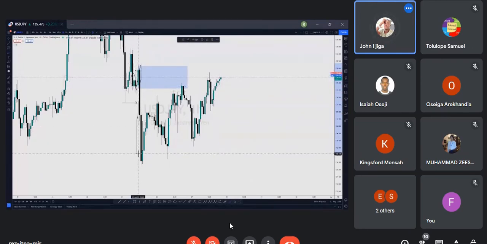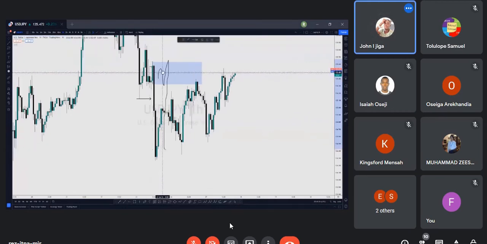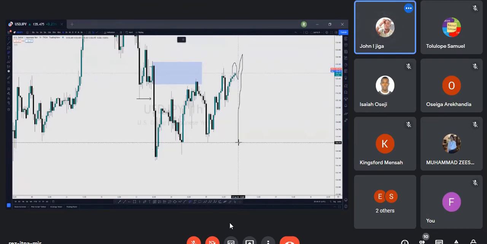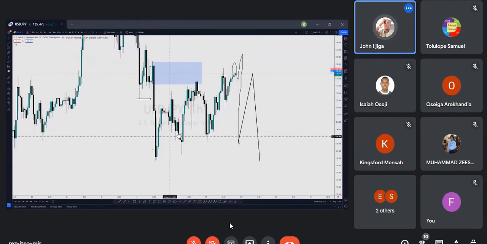On a regular QM, traders will be looking to sell on the first reversal, which would be returning back to test this. But the first return was this, and price never really moved into the POI.